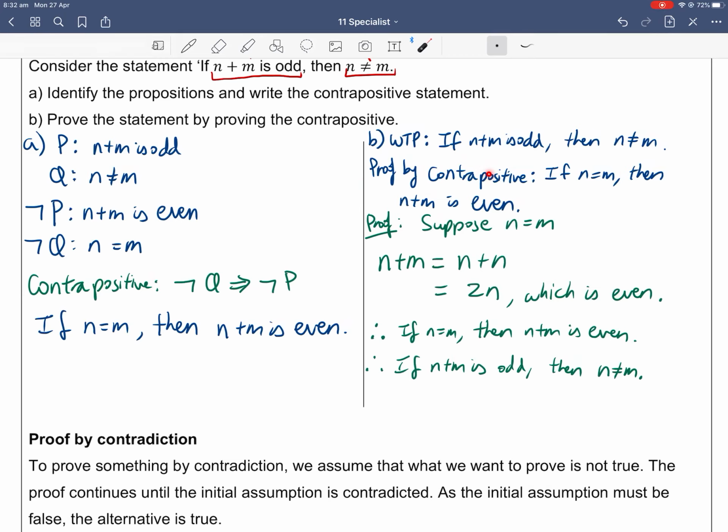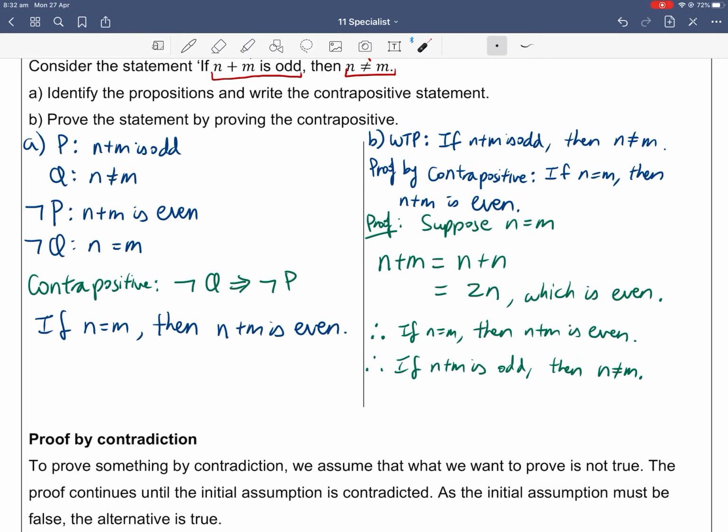So we need to say what technique we're using. We're proving by contrapositive or contraposition, which says that if not Q, which is n equals m, then not P happens. Then we start our proof by saying, this is my proof. Suppose that they are equal, because that's the if statement.